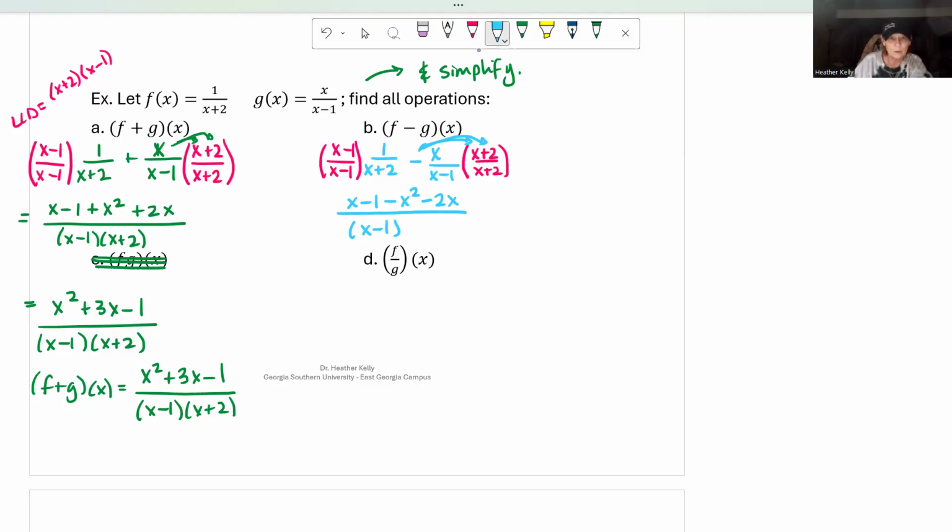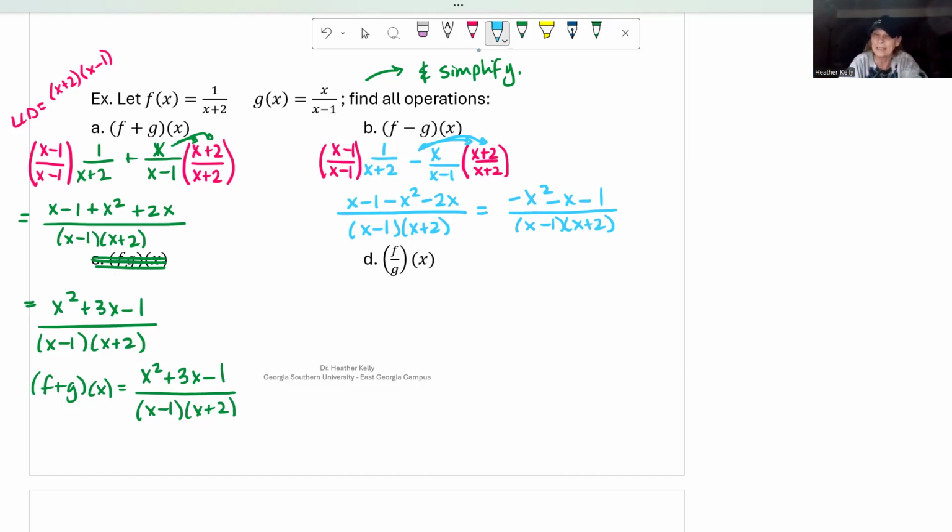x minus 1, x plus 2. And so that's going to give us, let's see here, negative x squared minus x minus 1 over x minus 1, x plus 2. Now, I'm not sure because I haven't looked at the homework yet. This could be simplified one more little step.